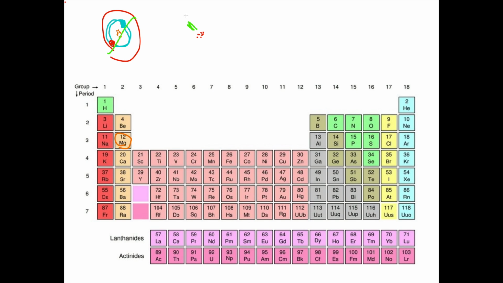So there's a high probability, 90% or more, of the electron being in this area. But then there might be some probability that the electron is here, though not as much as the inside there. Right?